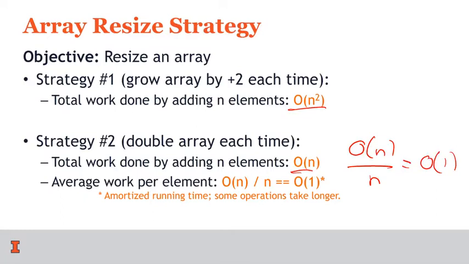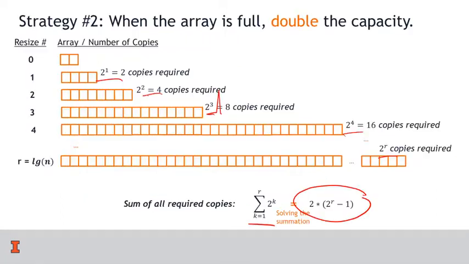And we call this amortized running time. Because if we look at this diagram, we see that most of the time, looking here between rounds 3 and 4, we just copied over 8 elements, then we get a free insert, and another free insert, and another, and another. Most of these operations don't require any copying at all.